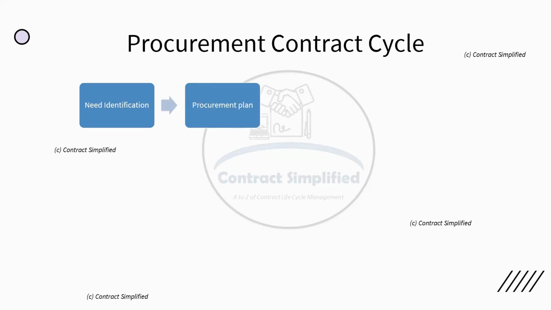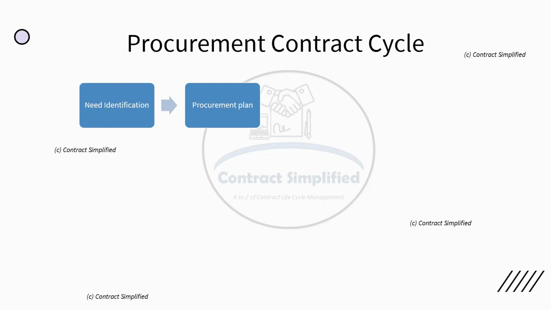This will be followed by the procurement plan. The procurement plan in itself is a big universe. It involves budget, strategic planning, the criteria for vendor selection, the time frame, milestones, whatnot.